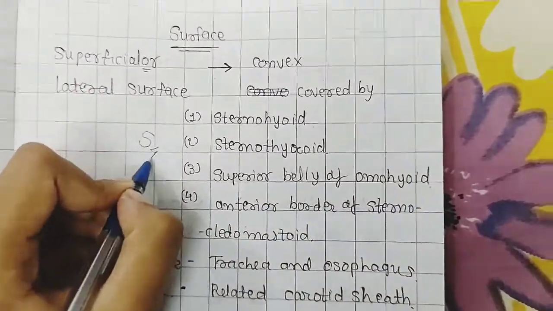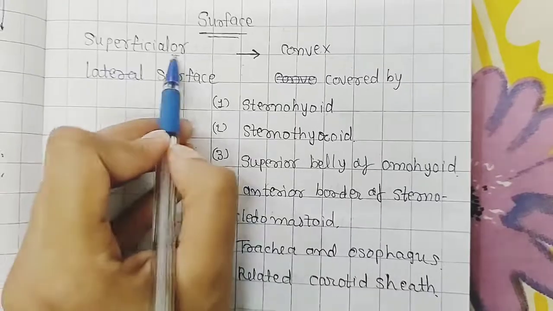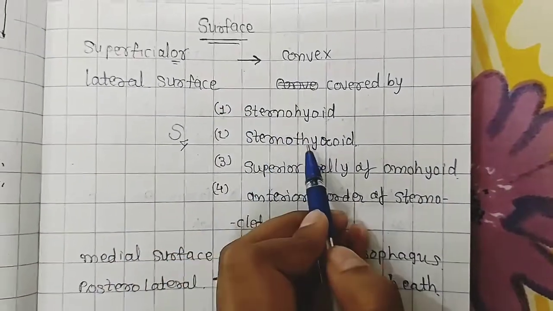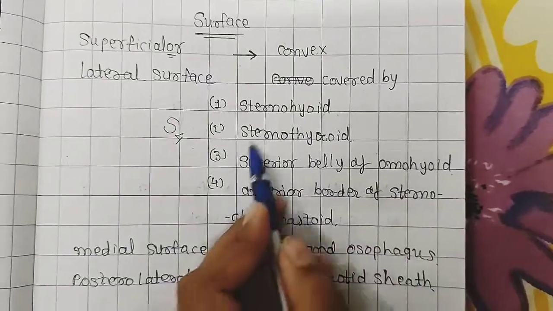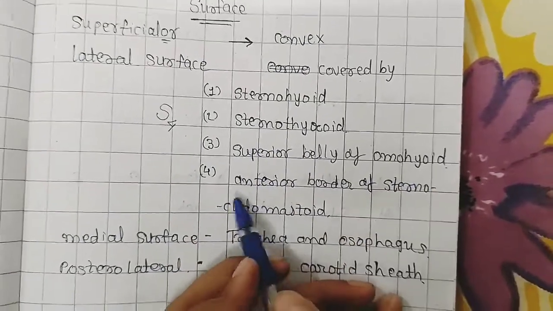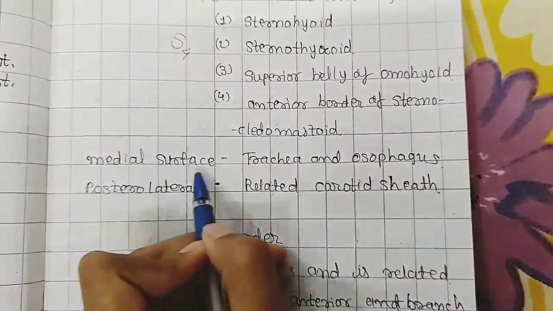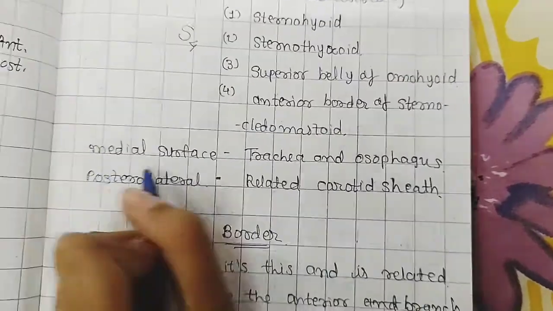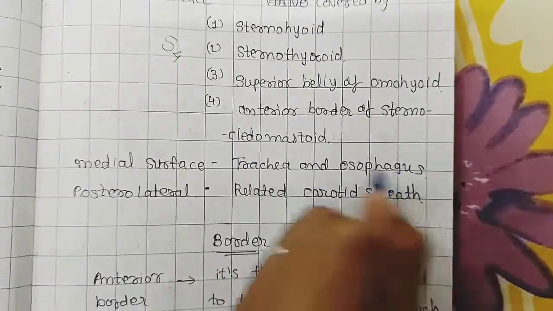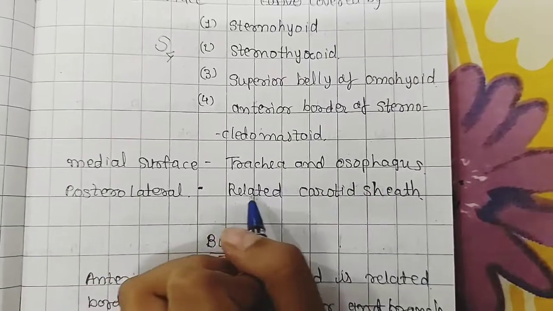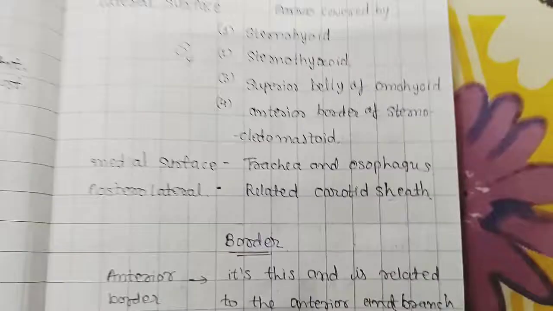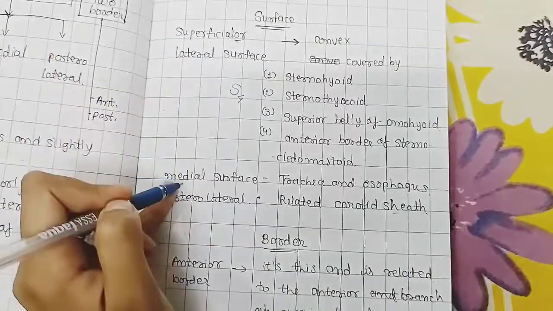There are 4 S's in the superficial or lateral surface: sternohyoid, sternothyroid, superior belly of omohyoid and anterior border of sternocleidomastoid. Now the medial surface is related to the trachea and esophagus. The posterolateral surface is related to the carotid sheath.